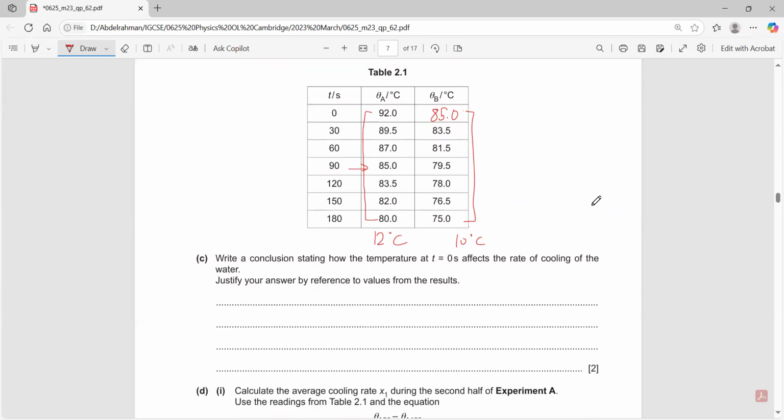As the initial temperature decreases, what happens to the rate of cooling? It decreases. I know it's not that huge of a difference, but it does decrease, because the initial temperatures, 92 and 85, weren't that much different.